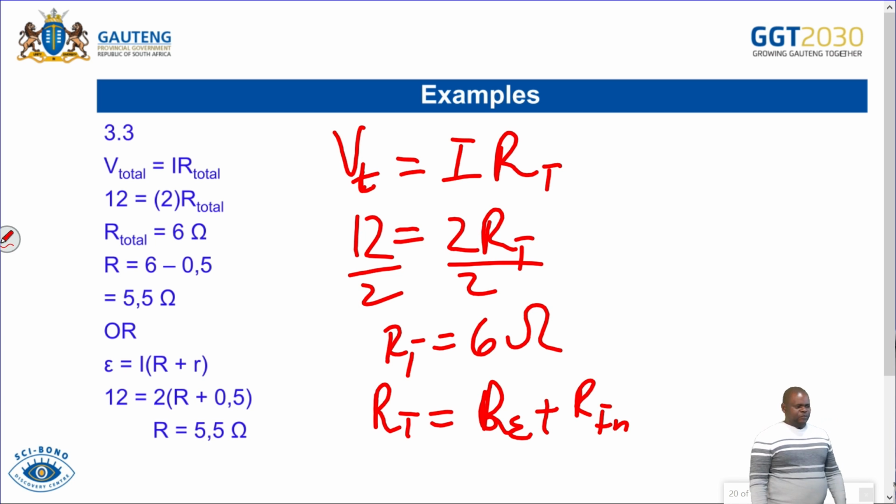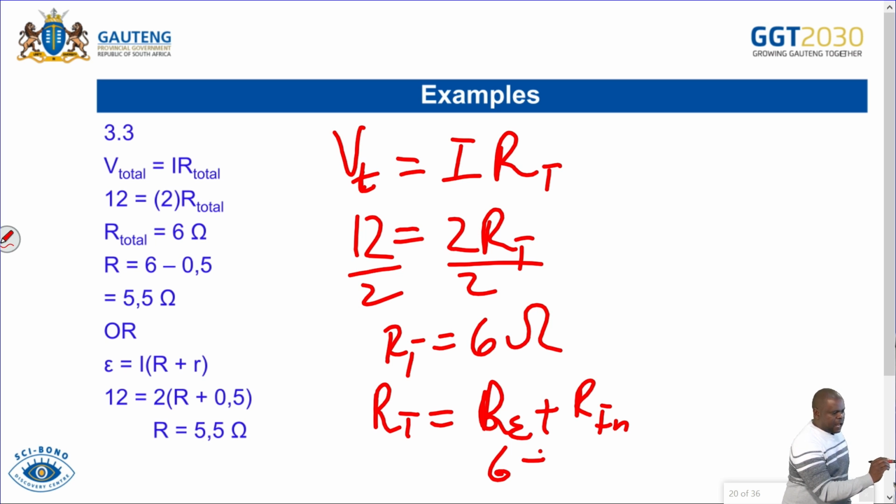Can you see? R external is the resistor on the circuit, and R internal is the internal resistance inside the battery. Now, we're looking for this.